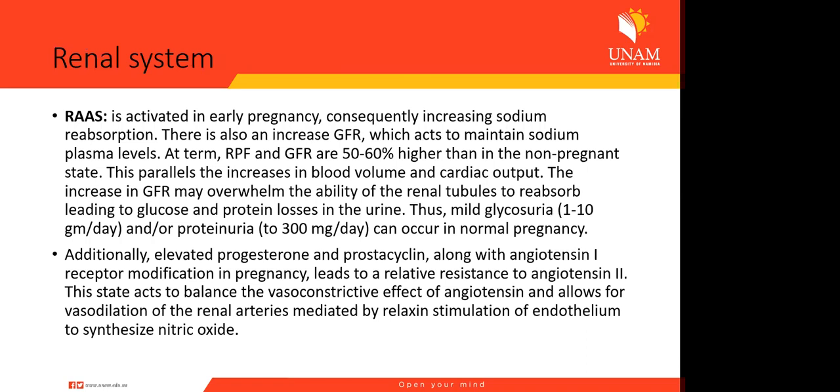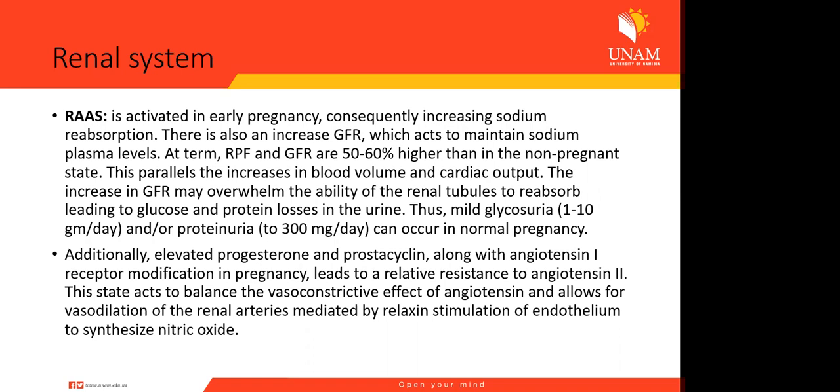In the renal system, the activity of the renin-angiotensin-aldosterone system is activated early in pregnancy. With increased production of aldosterone, there's increased sodium reabsorption. But the good thing is that there's also about 50 to 60% increase in renal plasma flow and glomerular filtration rate, which helps to maintain plasma sodium levels.